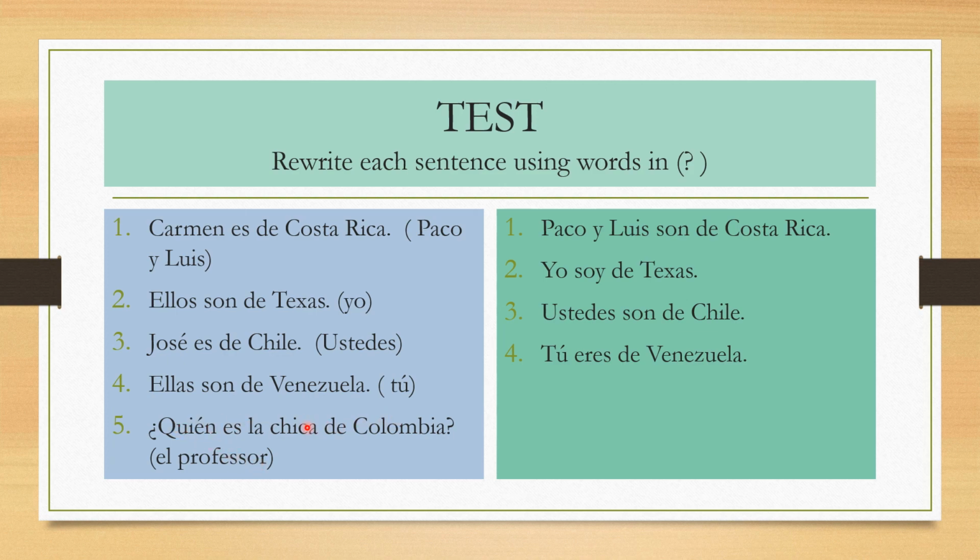The subject is la chica, the girl, right? So the girl here and the professor here. We're going to substitute these two. So now we're going to say en número cinco here, ¿quién es, right? El profesor de Colombia. ¿Quién es el profesor de Colombia?